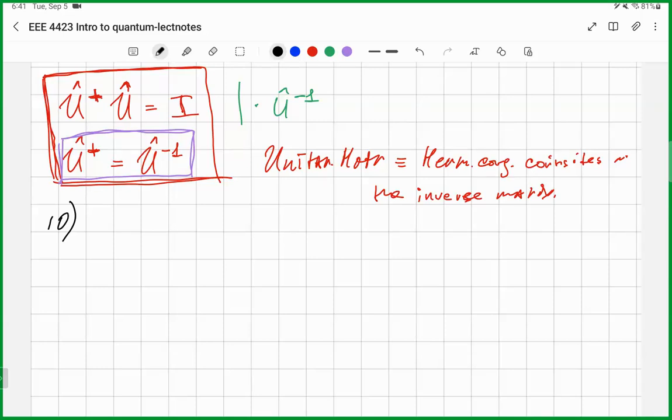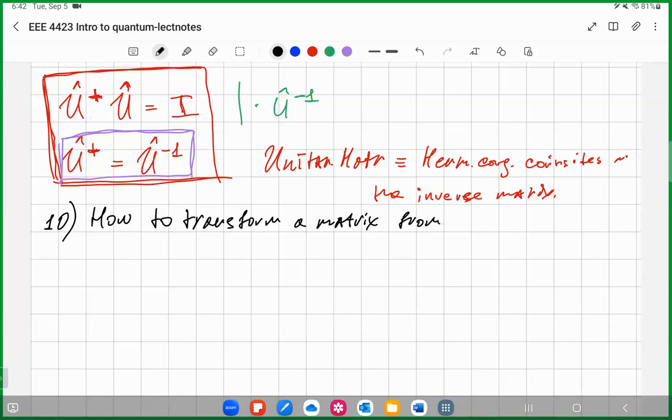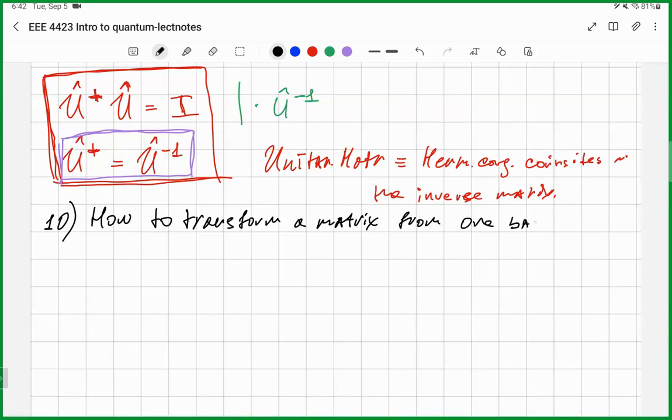And also, being applied on the matrix, it also changes the matrix defined in the same space. And now I'm asking a question: how to transform an operator or a matrix from one basis to another one.